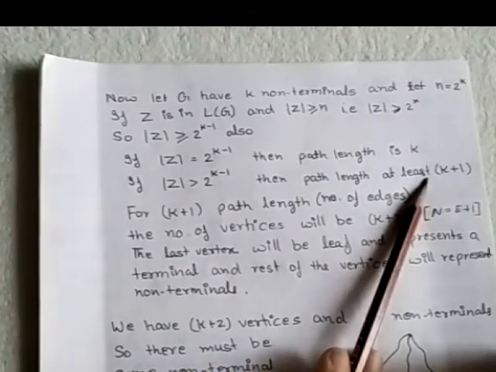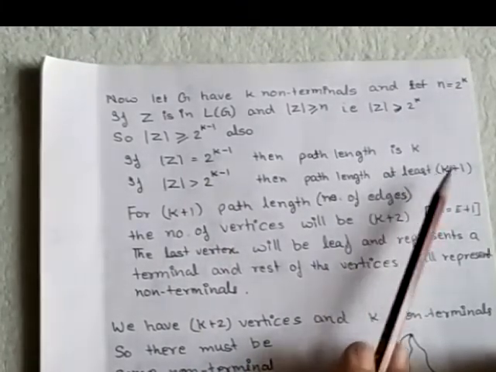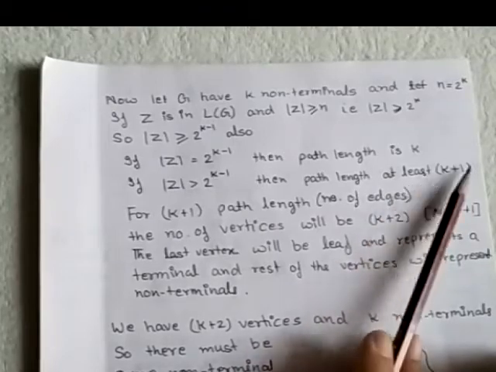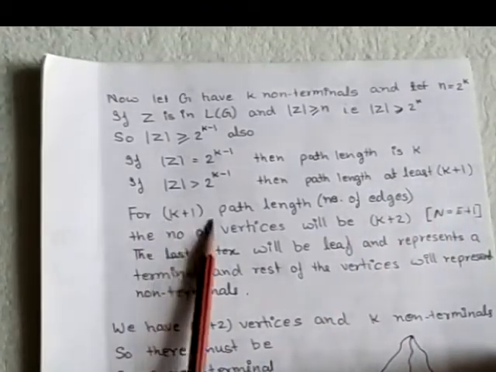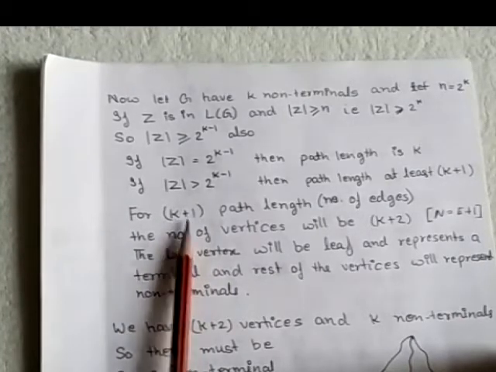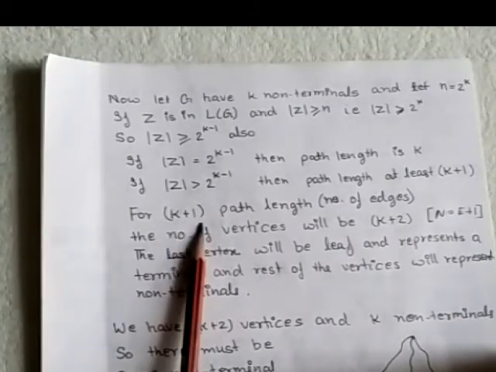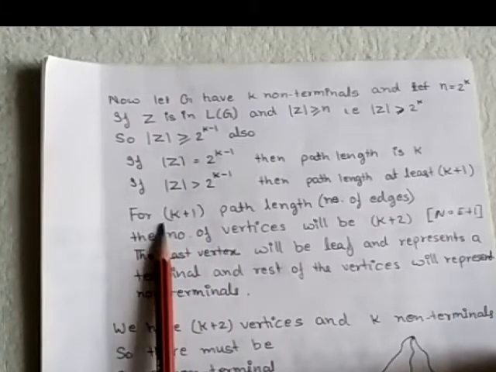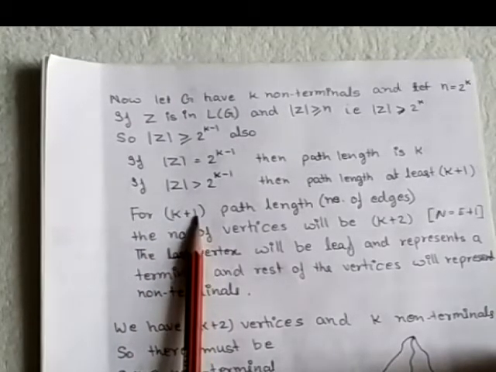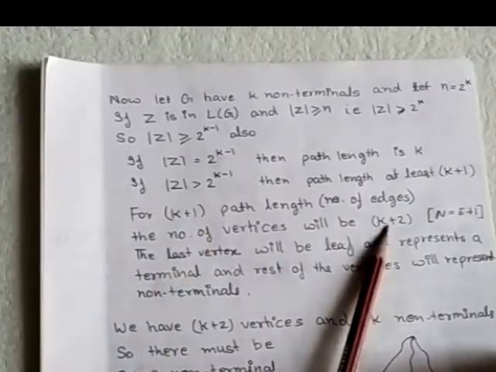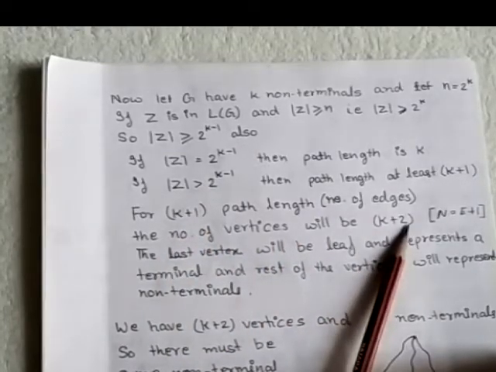Now, this is the path length or depth. If we have k plus 1 depth, what is depth? Number of edges. So if we have k plus 1 edges, then the number of nodes will be k plus 2.